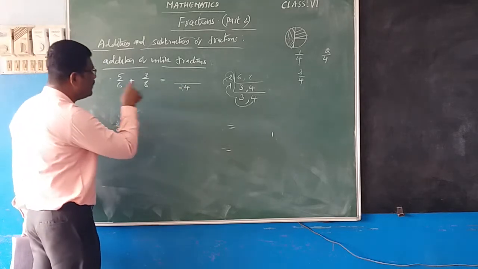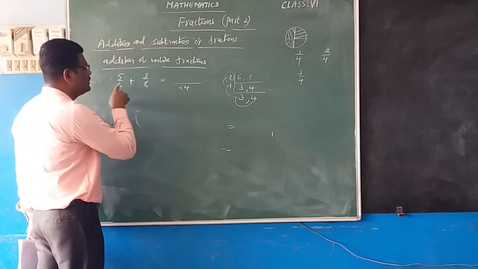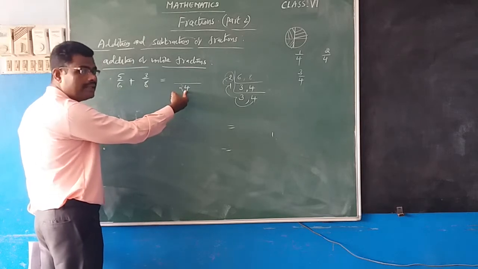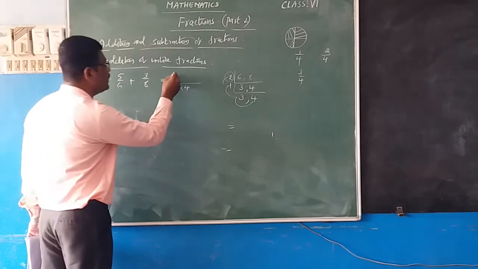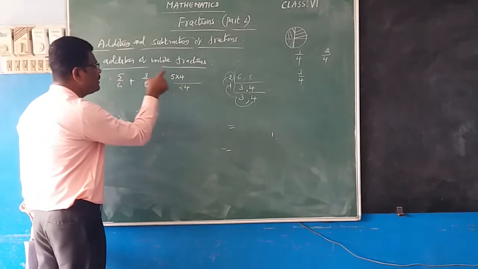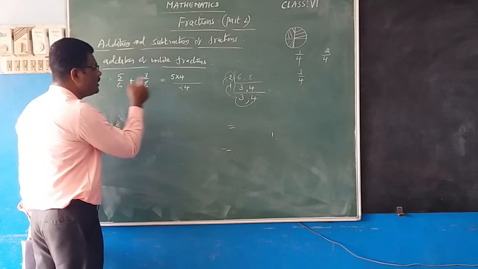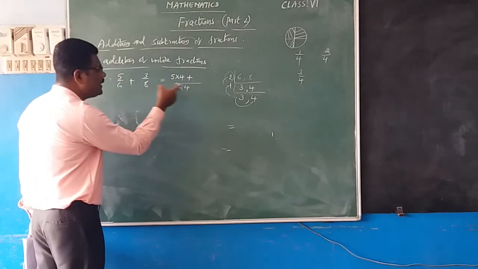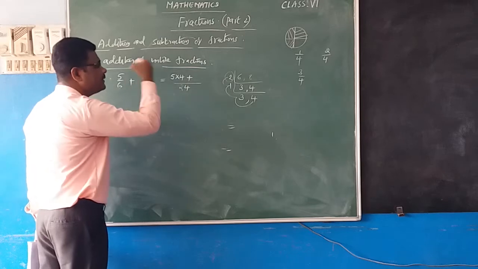Now compare this. 6 how many times 24? 6 fours are 24. Therefore you need to multiply 5 by 4. Understood? 5 is given, into 4 after equalizing, plus 3 by 8. Compare how many times 8 goes into 24, 8 threes are 24.